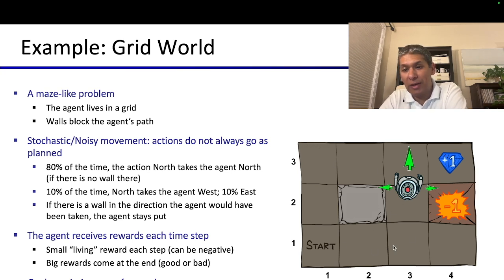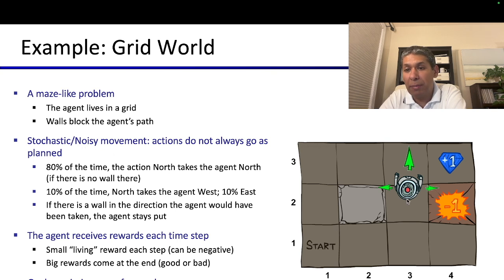In this grid world, it's a maze-like problem. So it's kind of like a 3 by 4 matrix, any two-dimensional matrix. The agent lives in the grid, and the agent starts from the start state. It goes whichever direction it wants to go in, or it tries to go in that direction. But there's a stochastic or noisy movement.